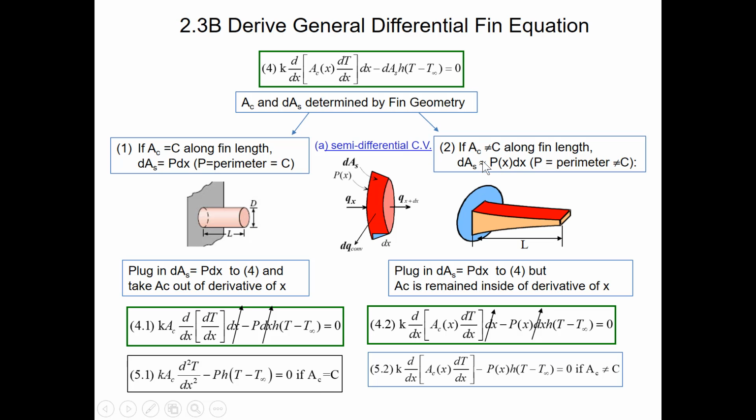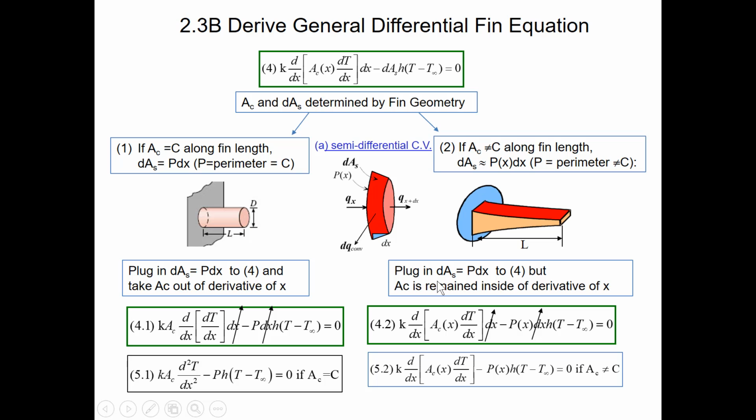The second scenario is that the cross-section area is not constant along the fin length, but the side surface area dA_S still can be represented by the product of a non-constant parameter and the differential distance dx.